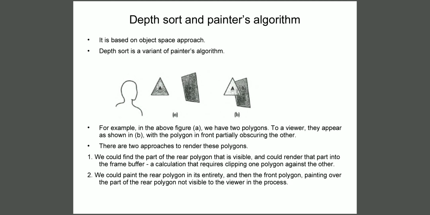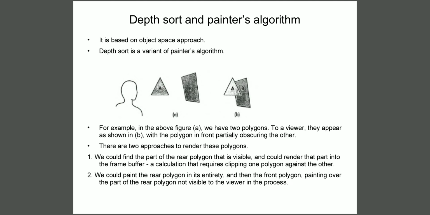Now when we try to render these two objects on an output screen, there are two options available. Whenever a viewer is looking at these two objects, we are not able to observe both objects completely because part of B is hidden behind A. That is how those two objects will look to a viewer.